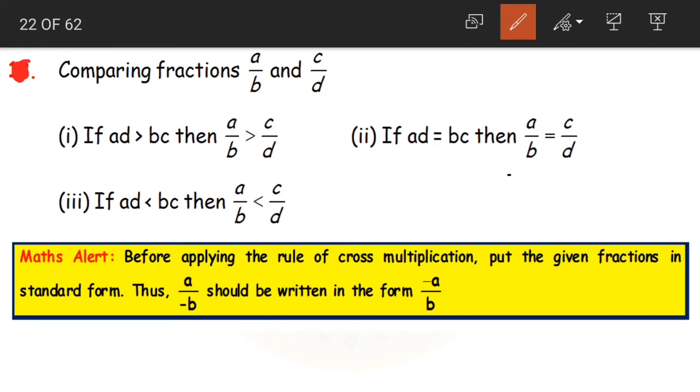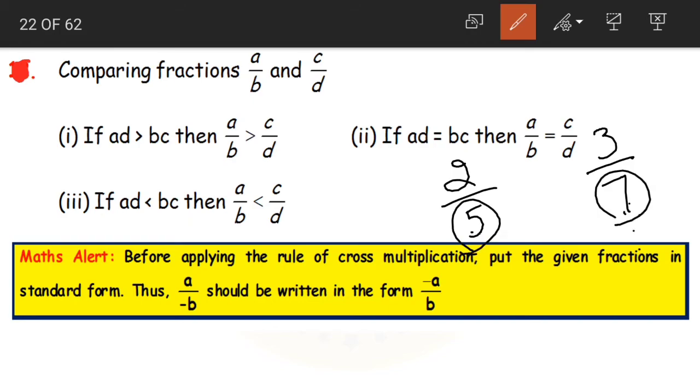Or else another way of comparing unlike fractions is this: let us take 2 by 5 and compare it with 3 by 7. Here 5 and 7 are the denominators. These two are prime numbers, so their LCM becomes their product, 5 sevens are 35.